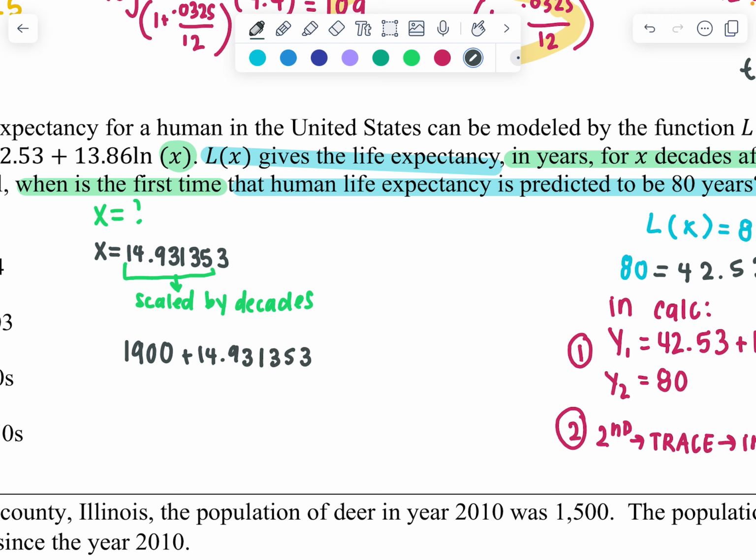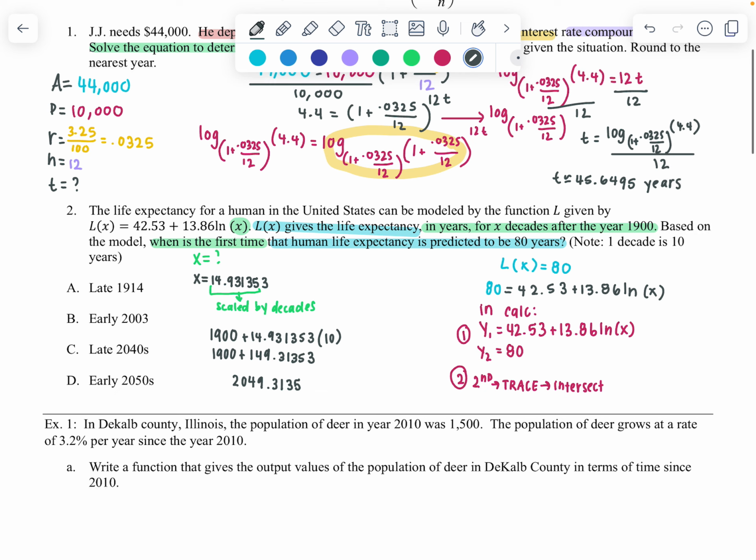But since it's scaled by decades, we need to multiply that by 10. So we end up getting 1900 plus 149.31353, which gives us 2049.313. In our class, we round to 4 decimal places.